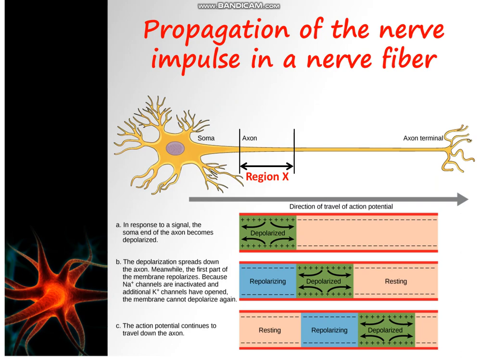So, when depolarization leaves region X to region Y, region X undergoes repolarization, then hyperpolarization before it returns to resting state. And during this time, the ionic concentrations are modified so that the region can't be depolarized before returning to resting state. This makes the depolarization move towards the regions of the axon that are at rest.